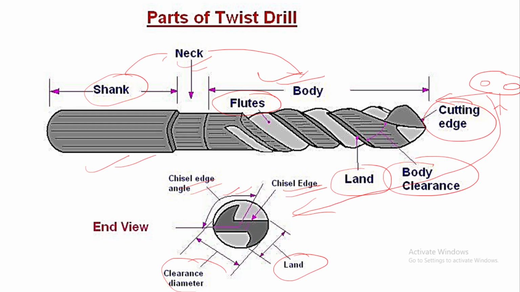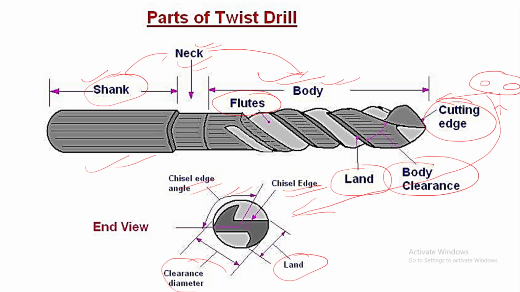Basically, what are the main things that you need to remember? Three main parts, I am repeating again. The shank portion is one part, the neck portion is another part, and the third part is the body. And the body will have the flute, the cutting edge, body clearance, and land.